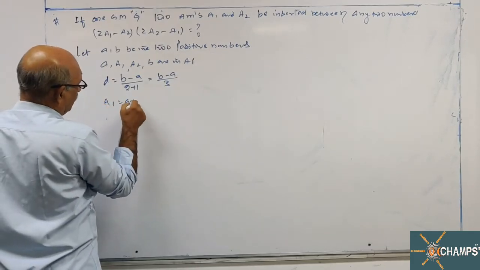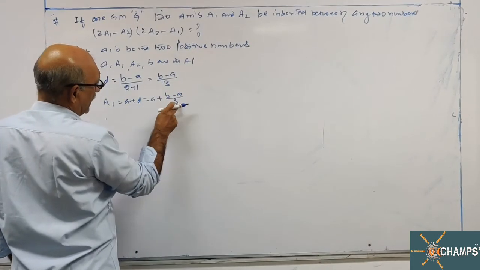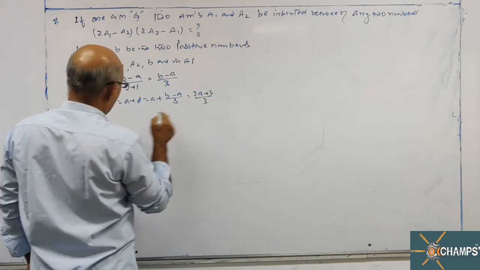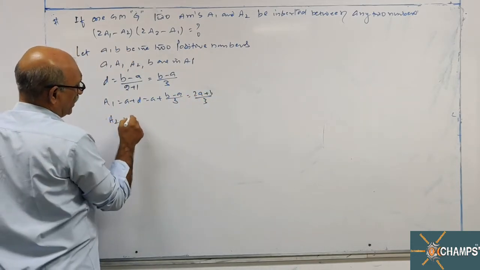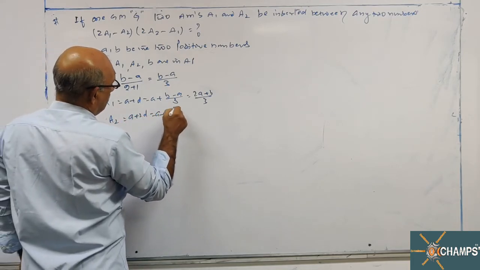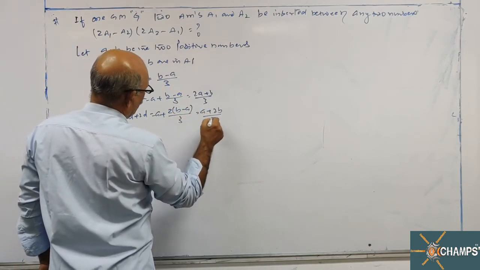A1 is equal to A plus D. When I take LCM 3A, so 2A plus B by 3. A2 is equal to A plus 2D. This is equal to A plus 2B by 3.